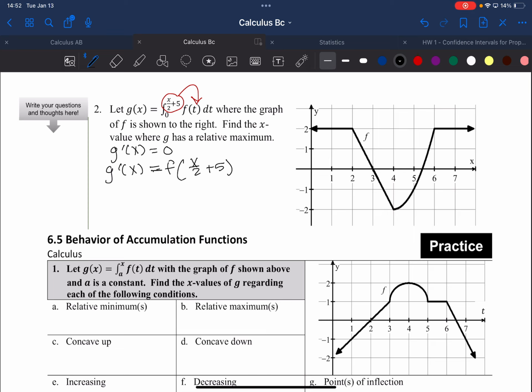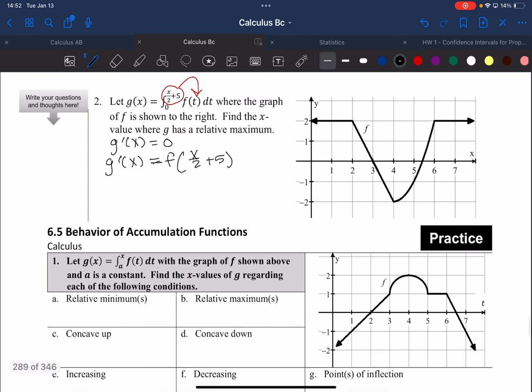Not dt. Remember when we were talking about this the other day, when we were doing the accumulation function, we said we always have to look to see if the chain rule applies. Times 0.5 or times 1/2.